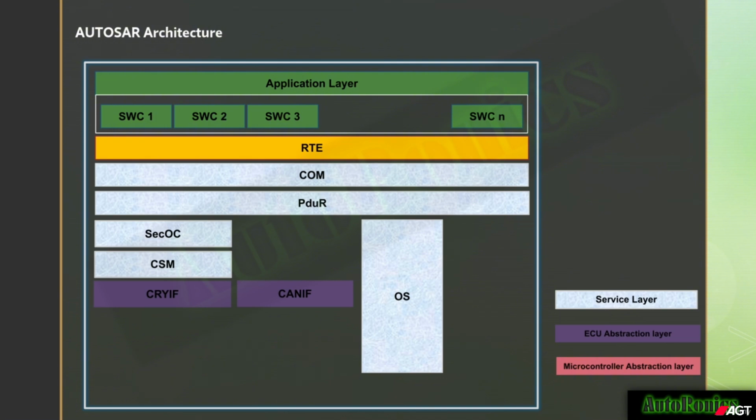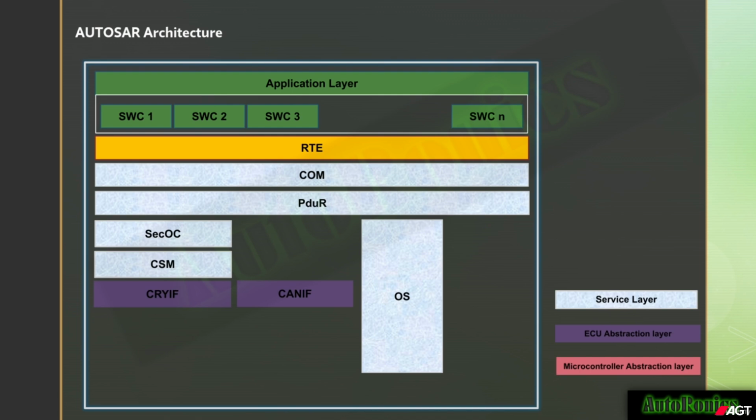It also contains drivers for external devices within the ECU and provides an abstraction for various peripheral hardware. It provides interfaces to access all features of an ECU like communication, memory, and I/O. As you can see in the slide, CryIf is under the crypto stack, and CanIf is under the communication stack.